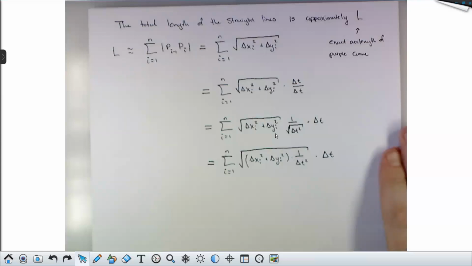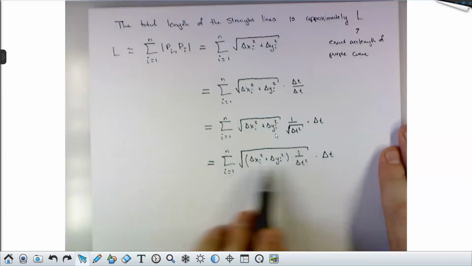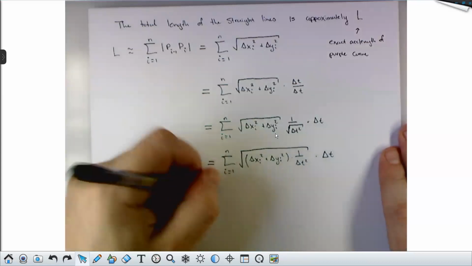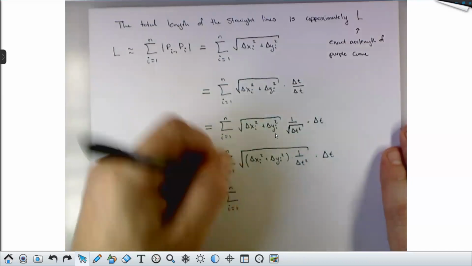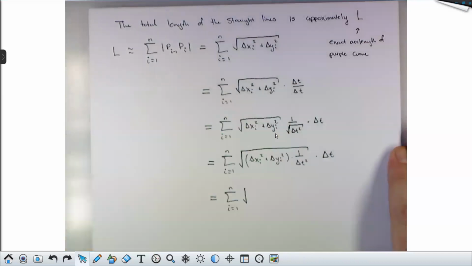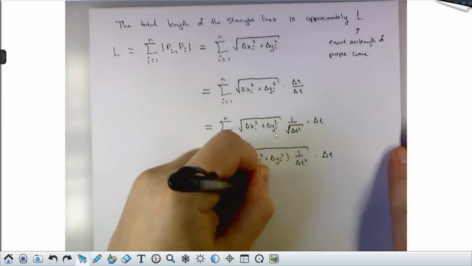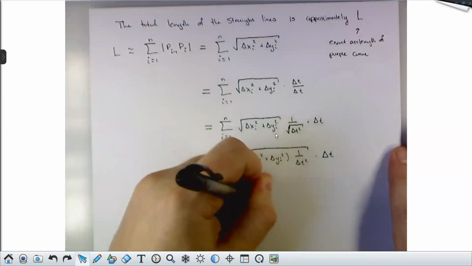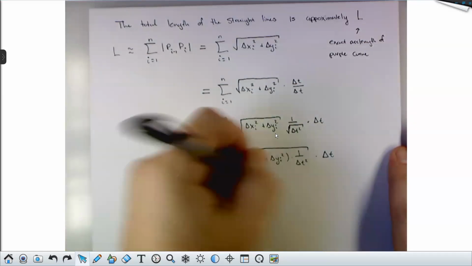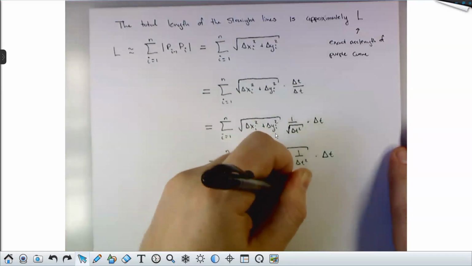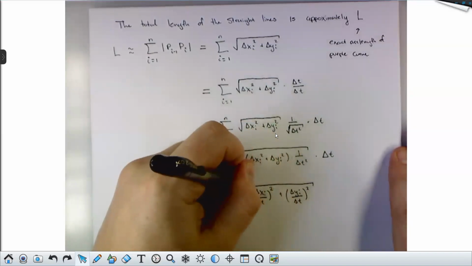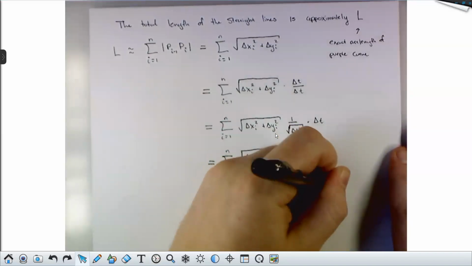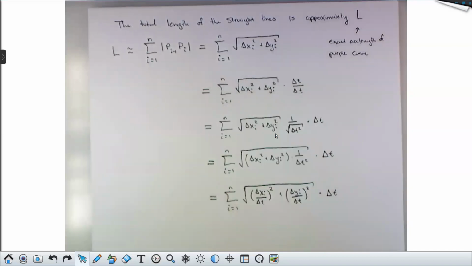And then finally, I will distribute this 1 over delta t squared to these two terms under the radical. So I get the sum from i equals 1 to n of the square root of (delta x_i over delta t) all squared plus (delta y_i over delta t) all squared, times delta t on the outside of the root.